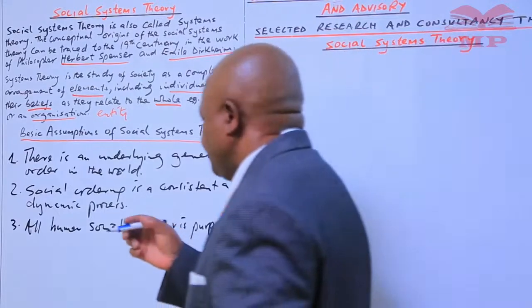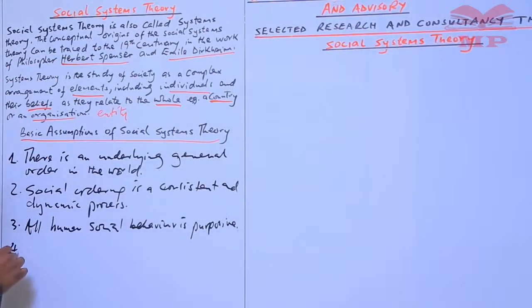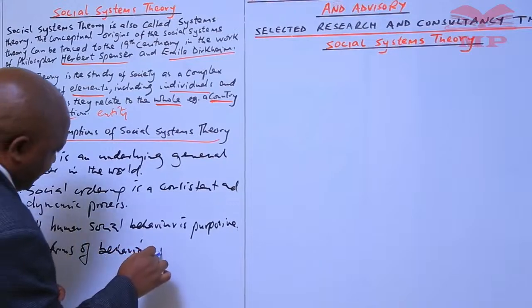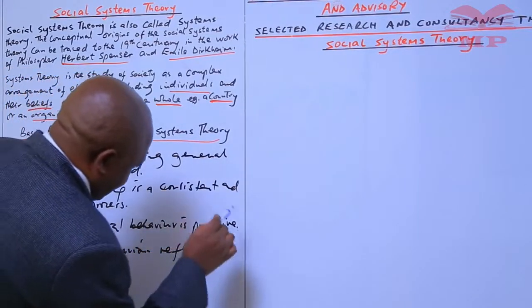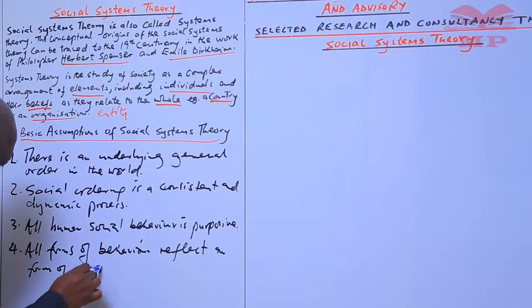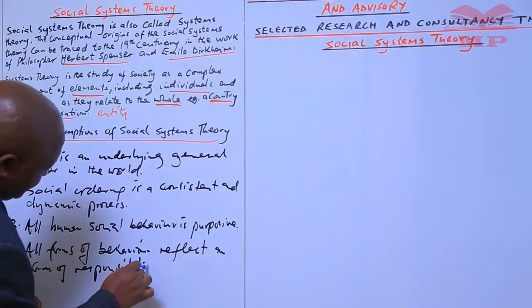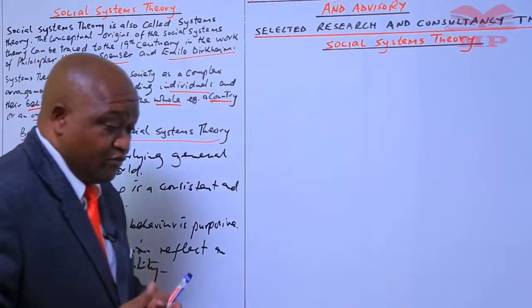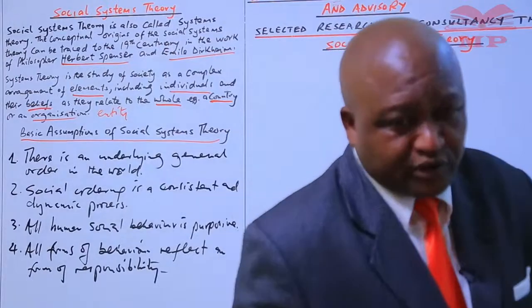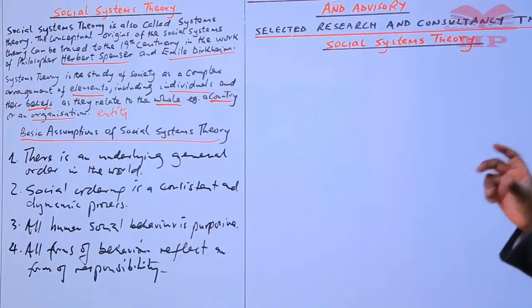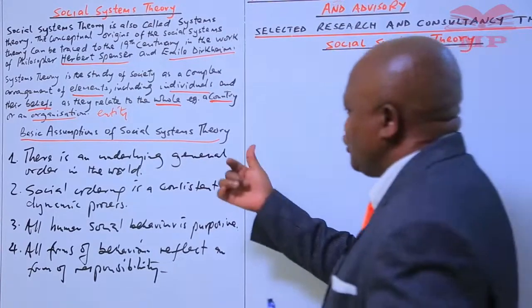All forms of behavior reflect a form of responsibility or responsiveness. They display a response in terms of their characteristics. So these are the four assumptions which underlie the social systems theory.